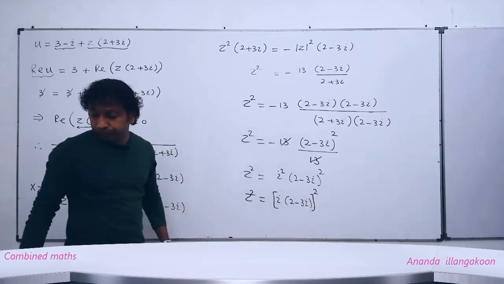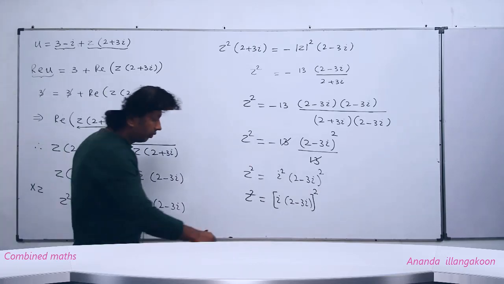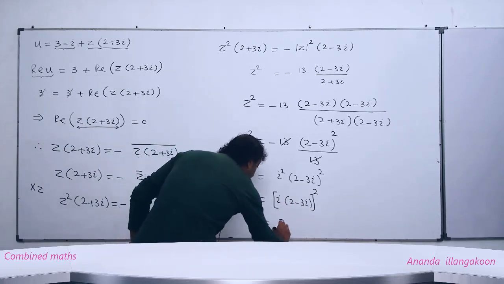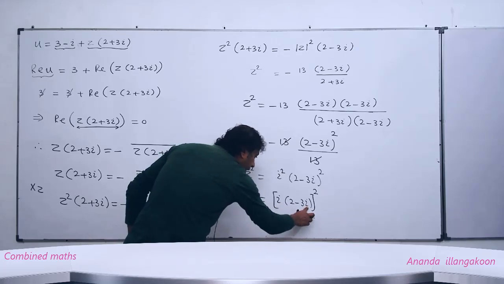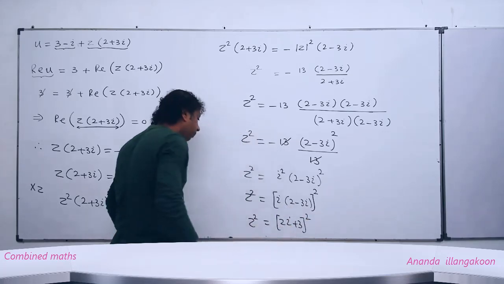Then we'll multiply this by this i inside this bracket. It's now 2i, and i squared is minus 1. With this minus 3, we get plus 3. Perfect squared. It is z squared here.